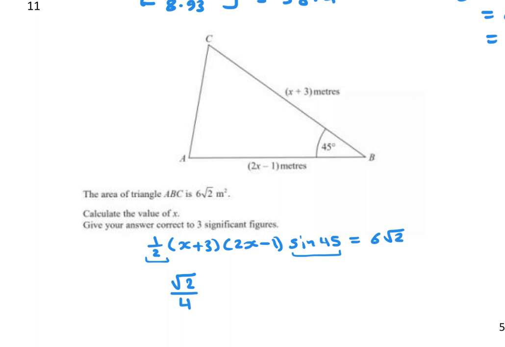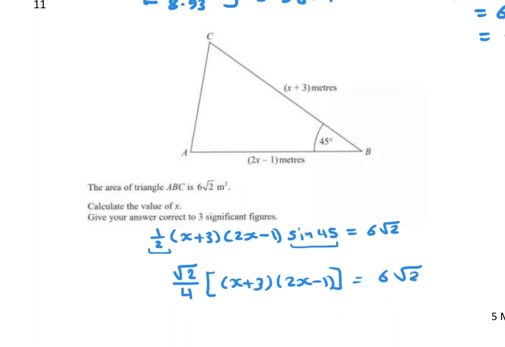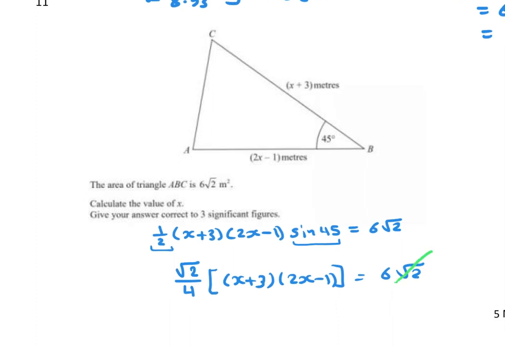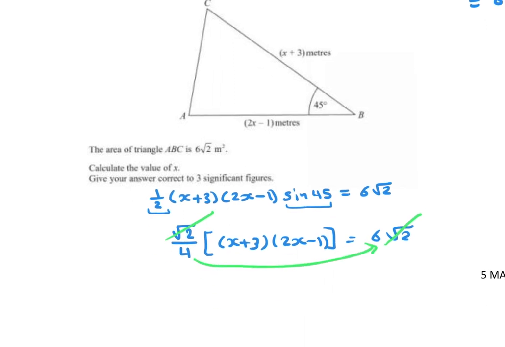If you multiply half times sine 45, multiplied by x plus 3 times 2x minus 1, it equals 6 root 2. You can cancel root 2 on both sides, then multiply by 4. So you can write x plus 3 times 2x minus 1 equals 24.